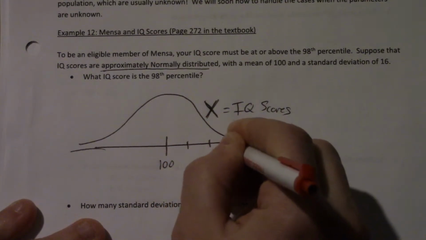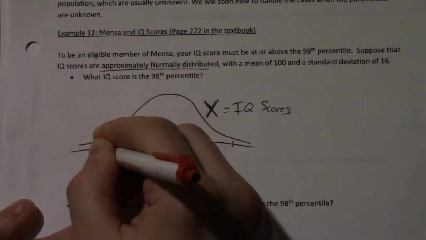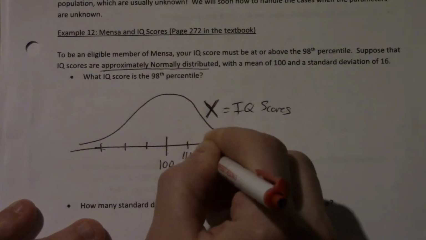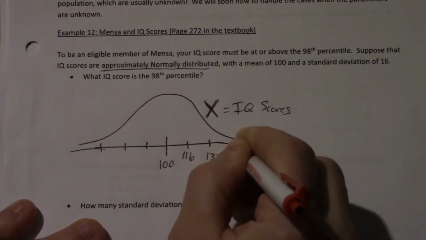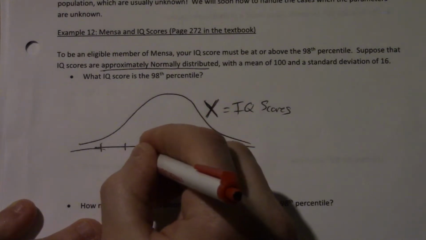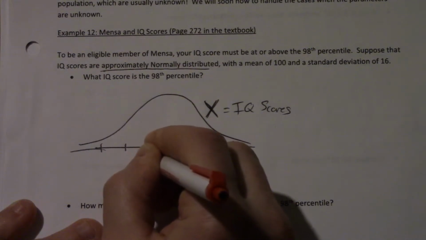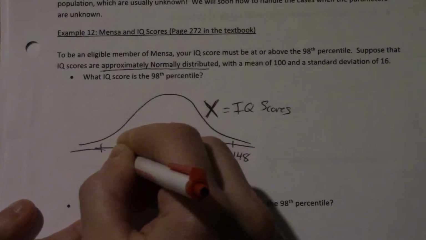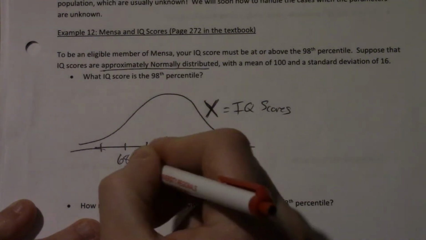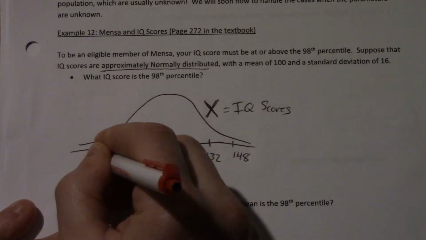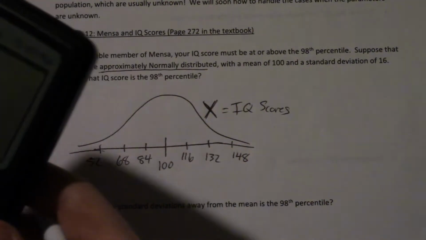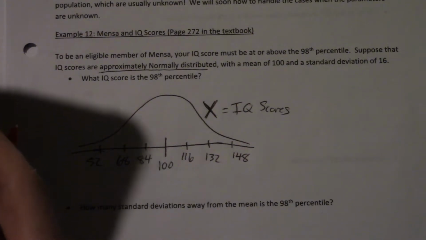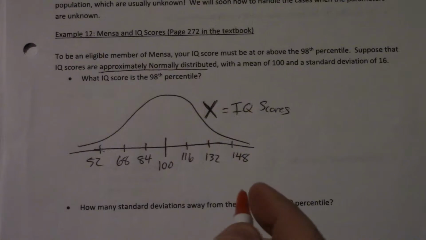So we can go up and down 3 standard deviations and indicate what those are. So we have 116, 132, 148, then we have 84, 68, and then 52. I think those are right. Yeah. Just double checking.